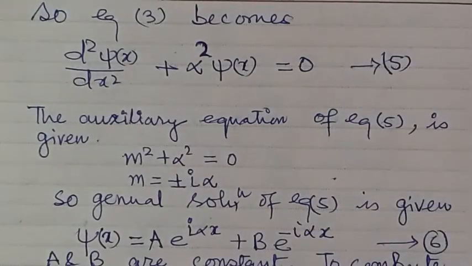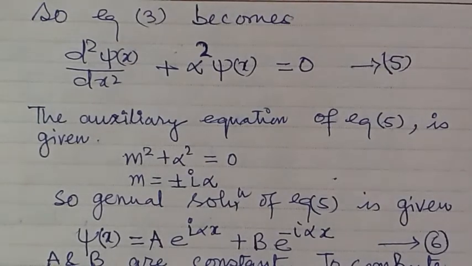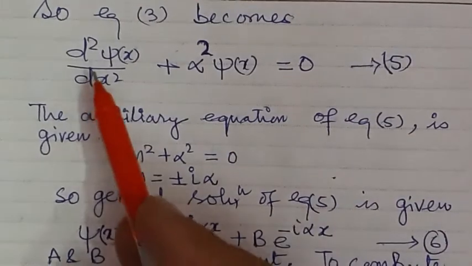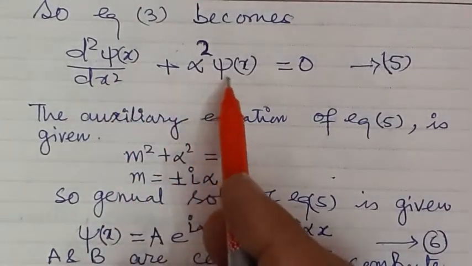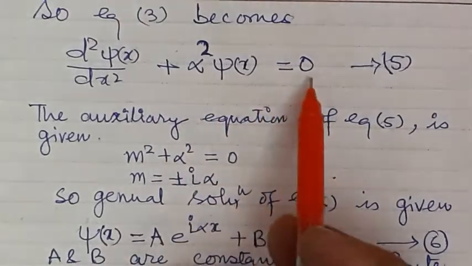So substituting the value of alpha square in equation 3, we get the second order derivative of psi(x) plus alpha square psi(x) must be equal to 0.